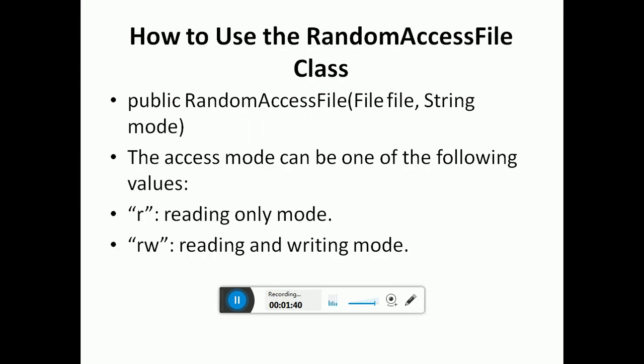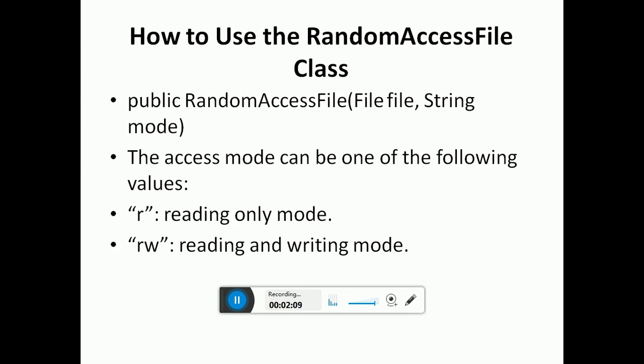To use a random access file, we utilize a class from the package java.io.*, and we name that class RandomAccessFile, which takes two arguments while creating an object. The first argument is the name of the file, and the second argument to this constructor is the mode of the file.